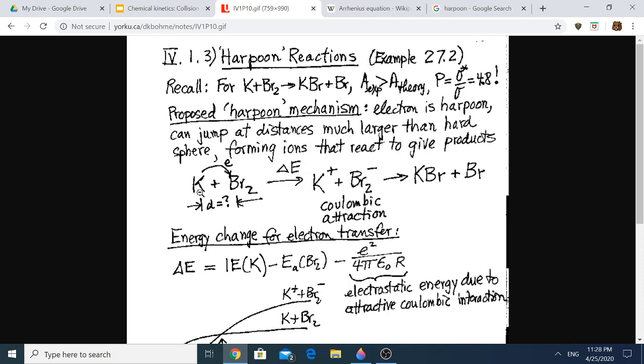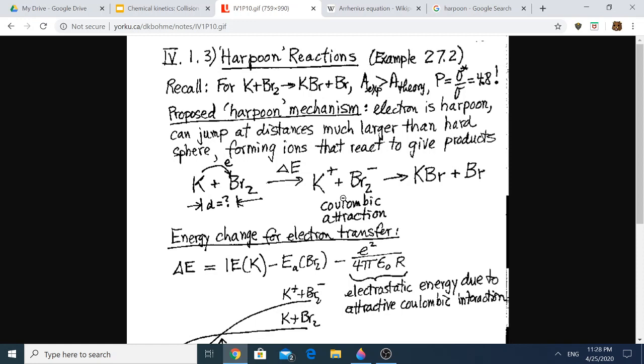Once a bromine molecule comes close enough to the potassium atom, the potassium atom would throw its harpoon, which in this case is the valence electron, towards the bromine molecule. Once the electron, or the harpoon, sinks deep into the flesh of the bromine molecule, the potassium atom would pull the fish, in this case the bromine molecule, towards it. Physically this occurs because of Coulombic attraction. Why is potassium able to pull the bromine towards it?